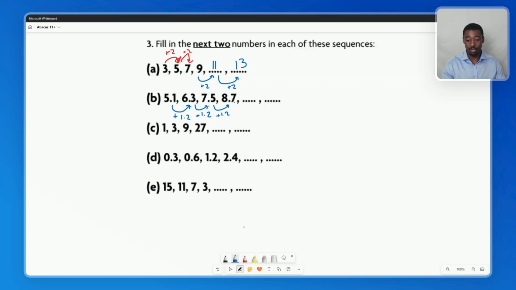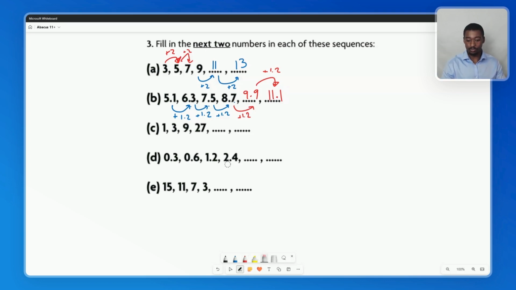Now continue that pattern yet again. What do we end up with? Well, if we add 1.2, we have 9.9. And then we add again 1.2, we have 11.1, right? Because 0.2 takes us from 9.9 to 10.1. And then the additional 1 brings us to 11.1.